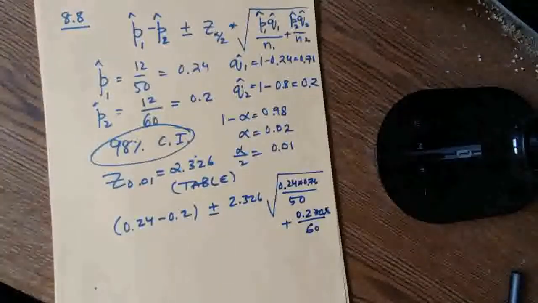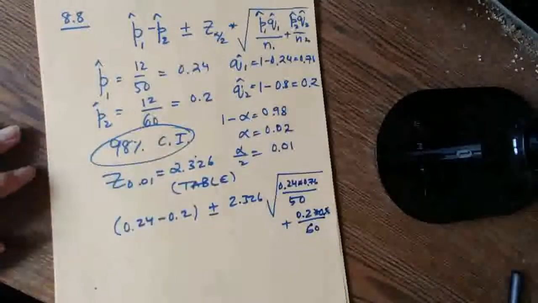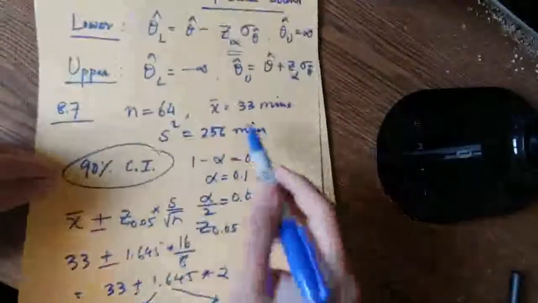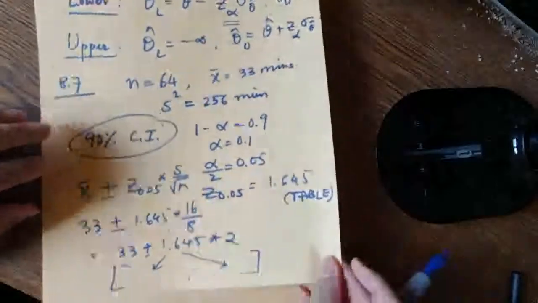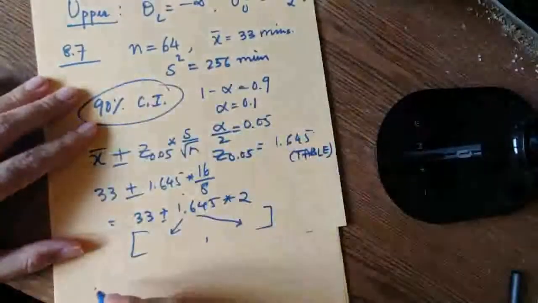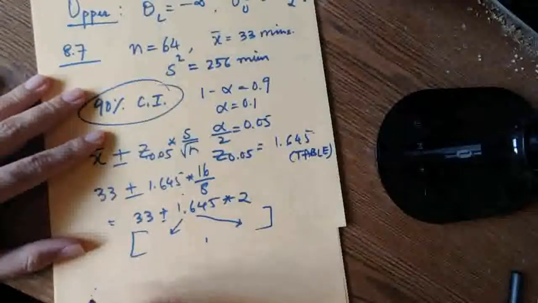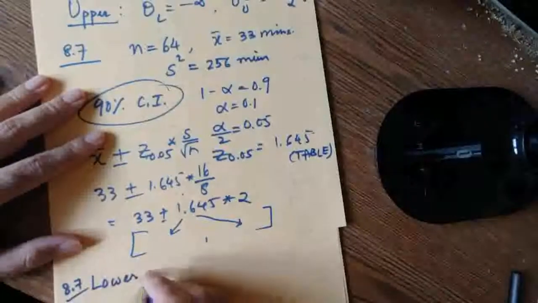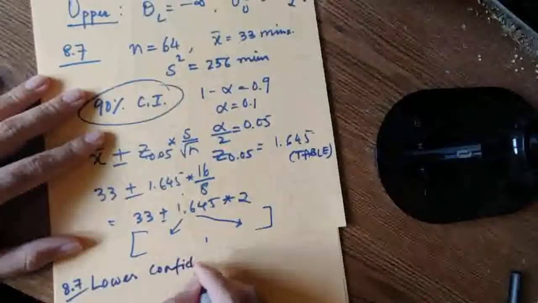Now for 8.7, this question right here, if I'm looking for a confidence bound, so everything else is right here, just we are looking for a lower confidence bound.